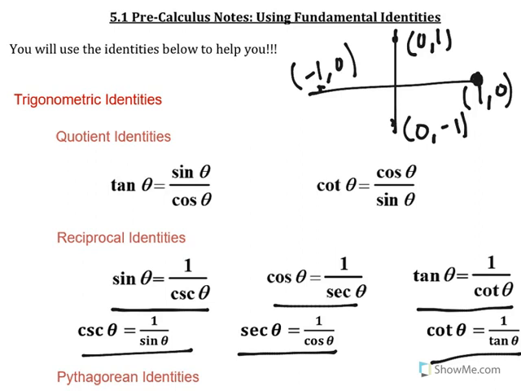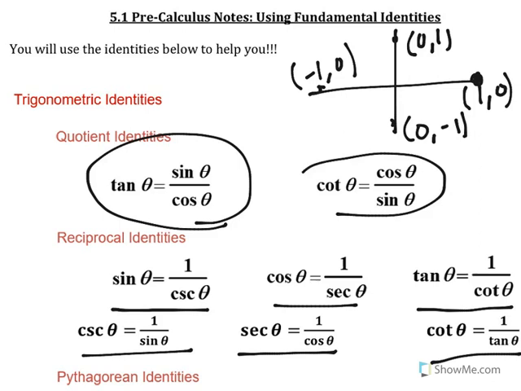And we said then that tangent is y over x. So we have our quotient identities. And they are that tangent is sine over cosine. It actually comes from that idea. Tangent is y over x, sine over cosine. So tangent is equal to sine over cosine, which means that cotangent would just flip it and be equal to cosine over sine. I am not making you memorize these identities.